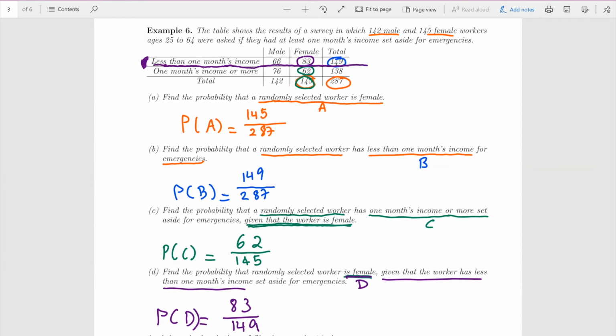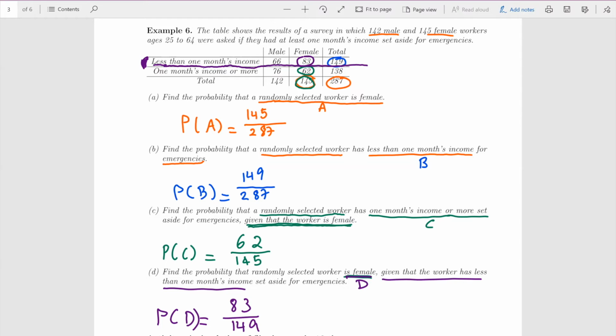Again, if you have a survey, you're collecting the responses, and you put them in a table that has the different categories. So less than 1 month's income is one category. 1 month's income or more is another category. And you have female as another category, and male as another category.